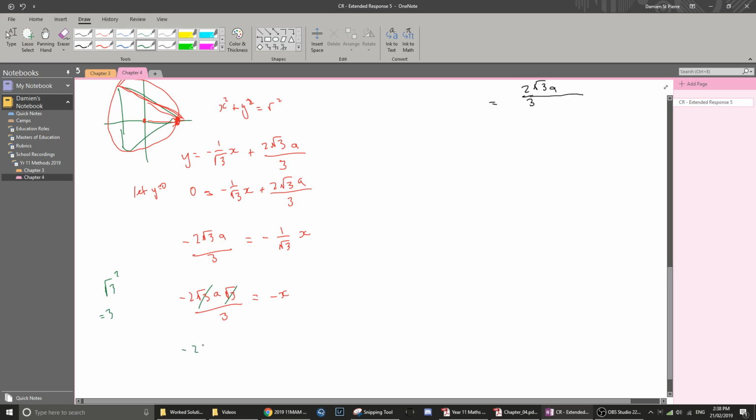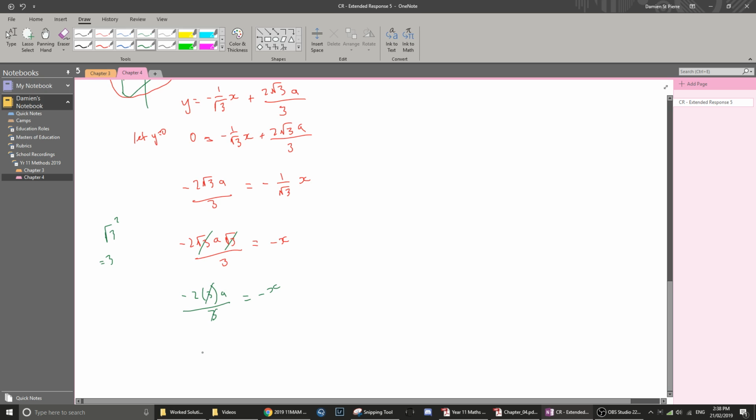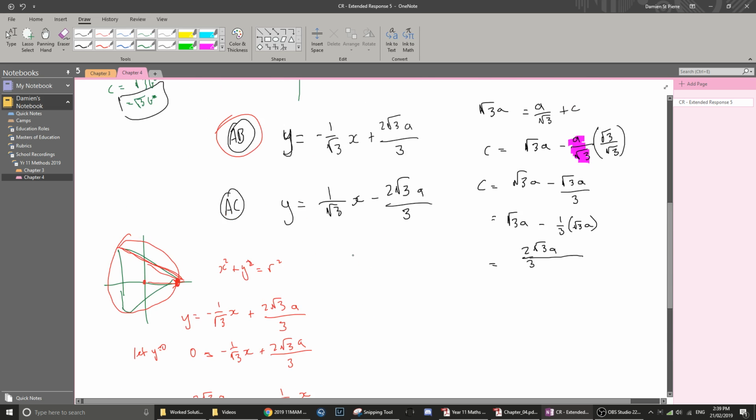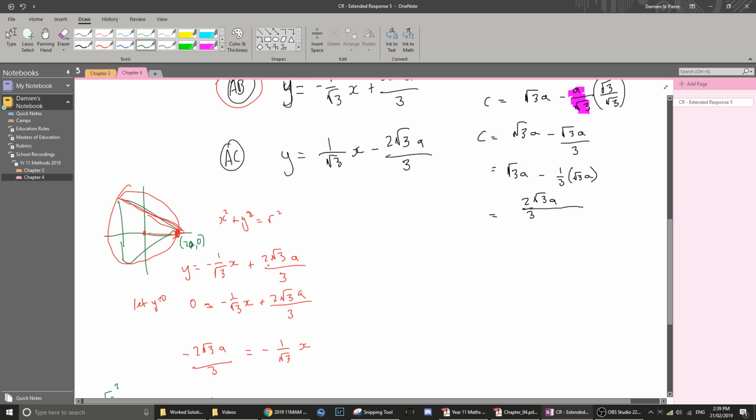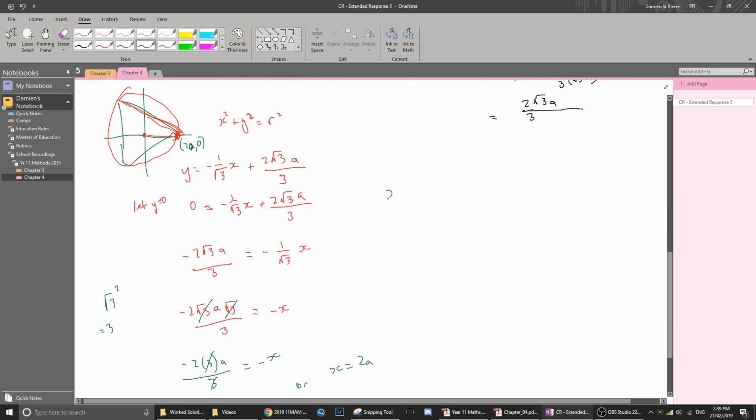So I get -2 times 3 times A on 3 equals -x. Now my 3 and my 3 are going to cancel, so I get -2A equals -x, or x equals 2A. So the coordinate of this point here is 2A, 0, so my radius is 2A, so my equation of the circle is x squared plus y squared equals 2A squared.